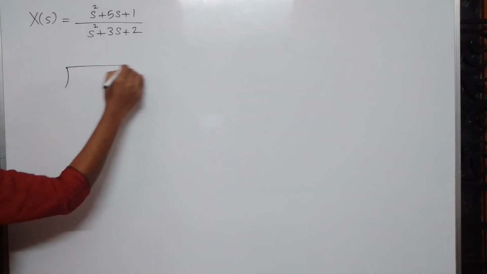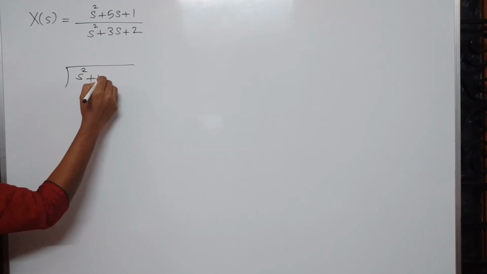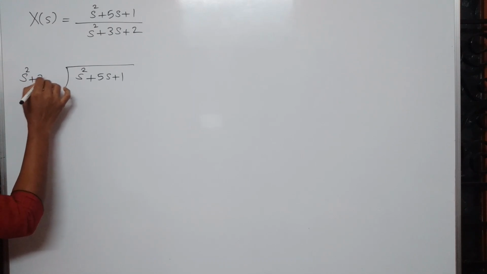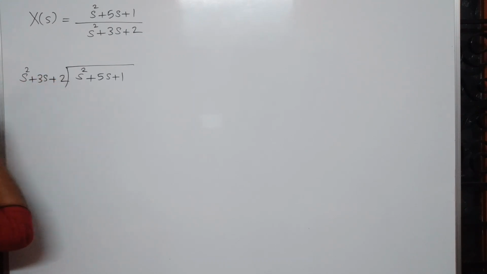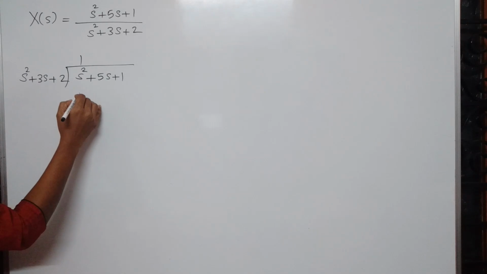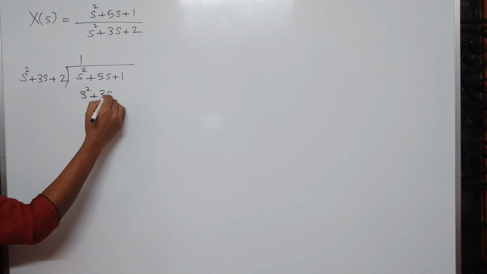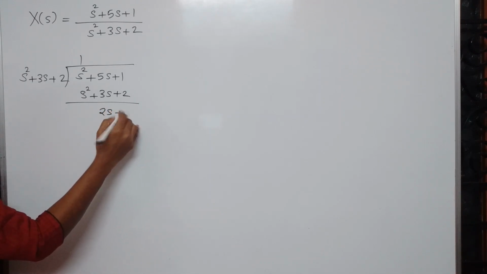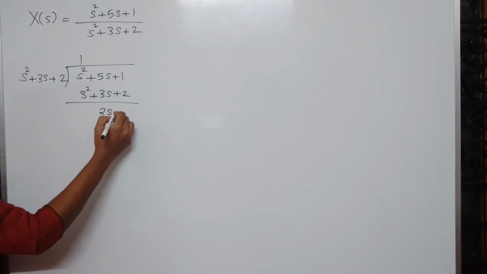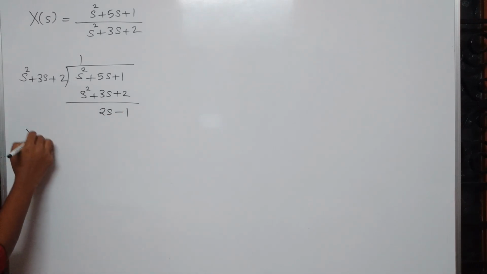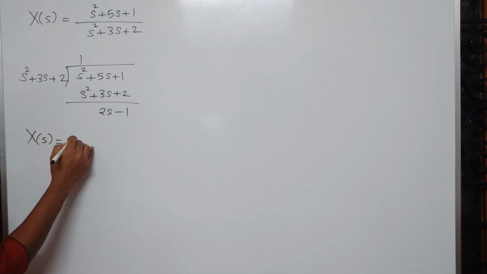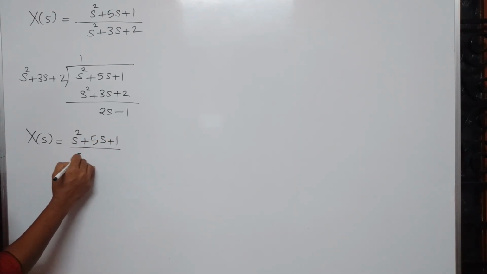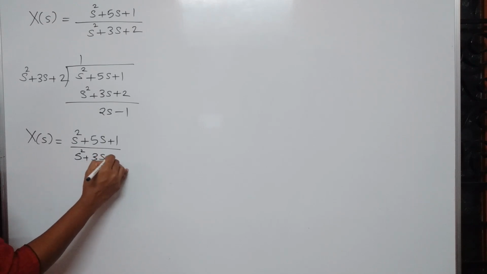What we do is we'll divide s square plus 5s plus 1 by s square plus 3s plus 2.